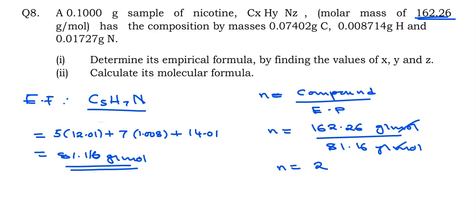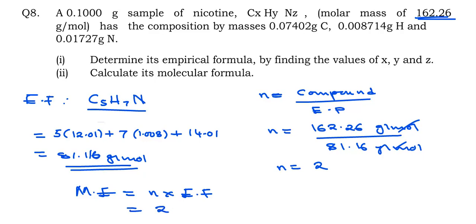So now, since we have now the value of n, just follow these simple steps. To find out the molecular formula, you are going to say the molecular formula is equal to n multiplied by the empirical formula, where n is 2.